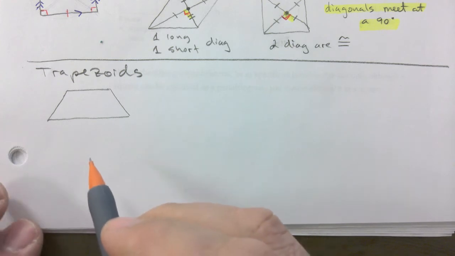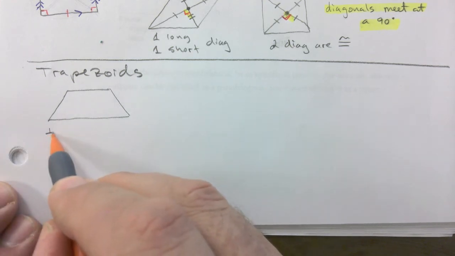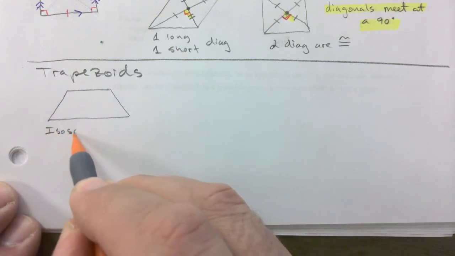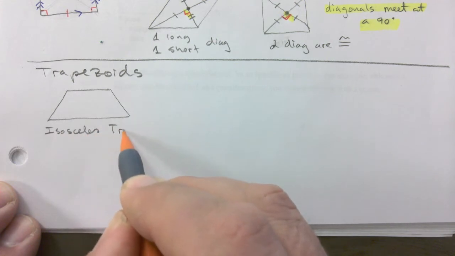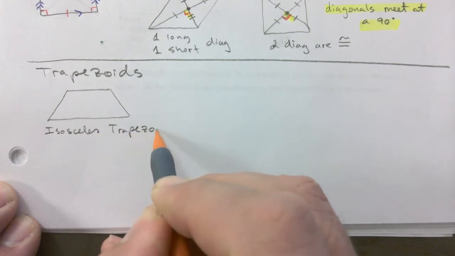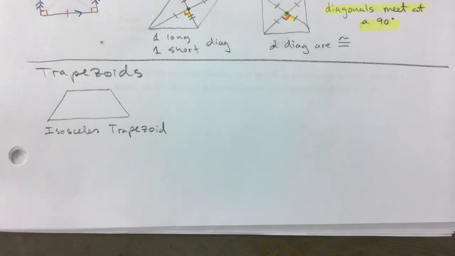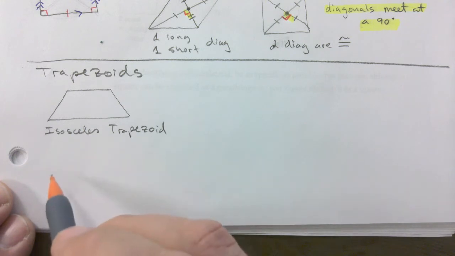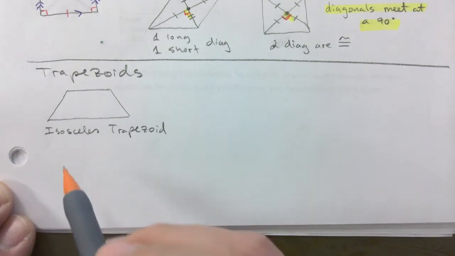Think about it that way. And so this is an isosceles trapezoid. Wait a minute, isn't isosceles a triangle thing? No, there are isosceles shapes. A pentagon, if you cut it, could also be isosceles. So isosceles trapezoid, and there's a right trapezoid.